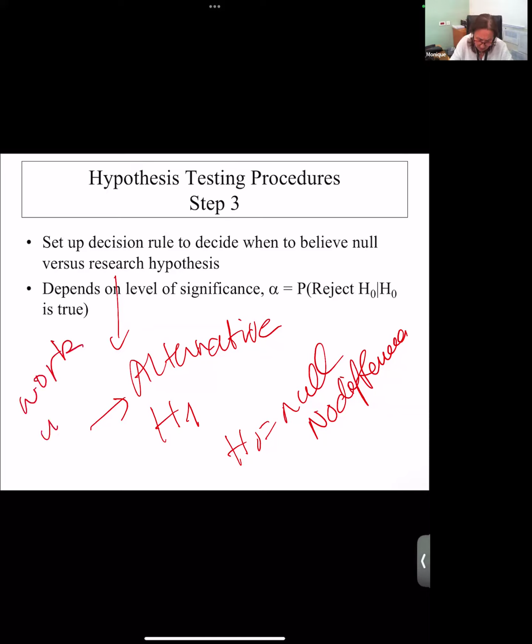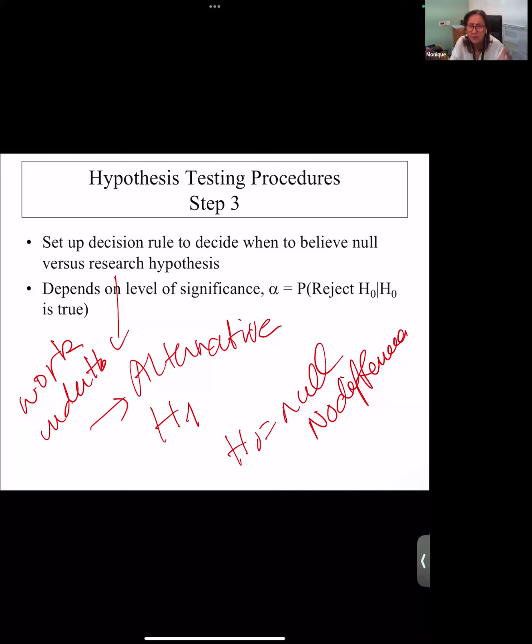I state first, let me say that H0 is true. What does H0 is true mean? It means that the mu of the population of body mass index is actually 20. It's not less than 20, it's 20.